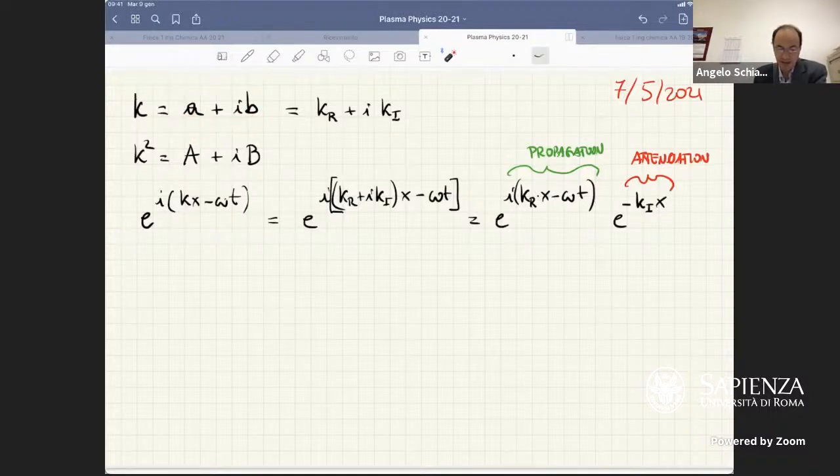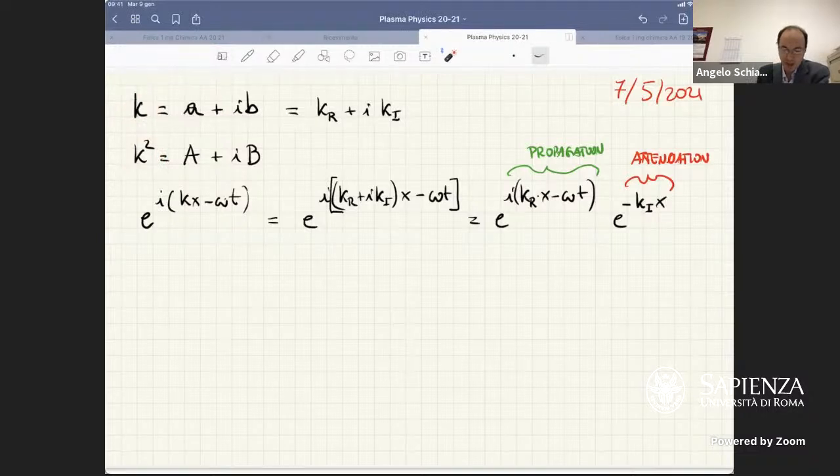And let's obtain the relation that links A and B, the components for k squared and for k.